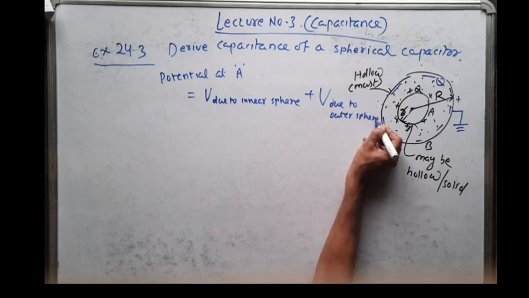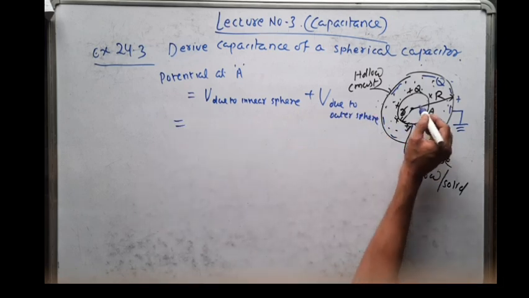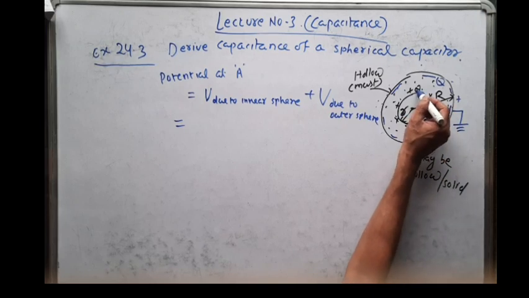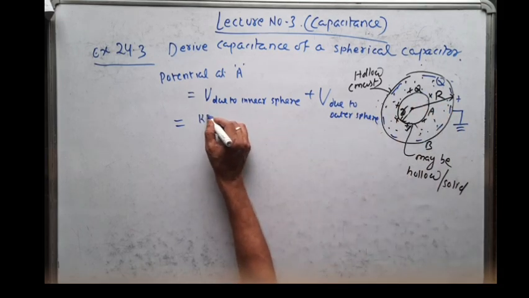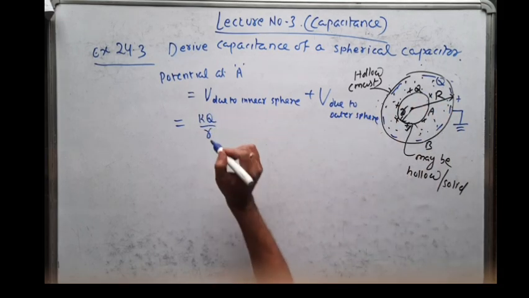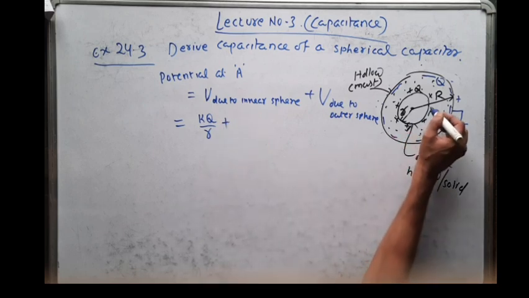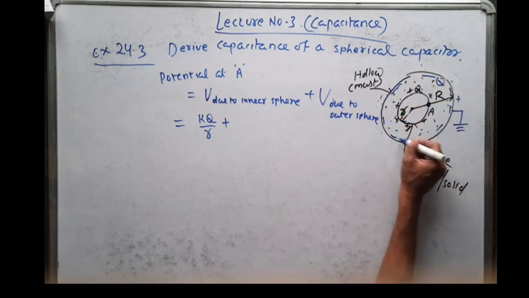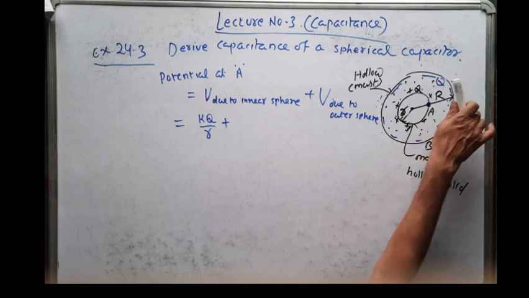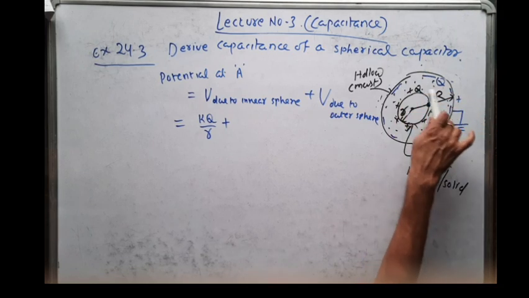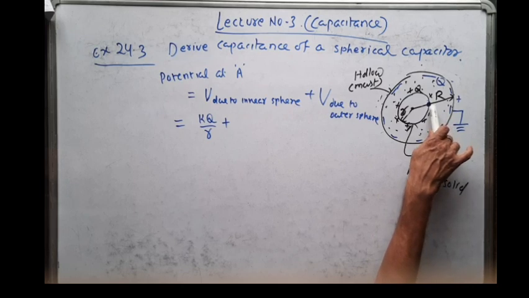Now for the inner sphere, what is the charge? Plus Q. And what is the potential at this surface point due to charge Q? We know it is KQ by its radius, which is r. And here you see this point is an internal point for the outer sphere. So we know for an internal point, the potential is the same as that on the surface.